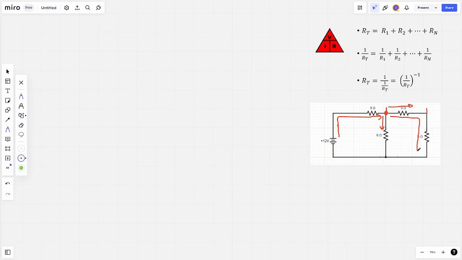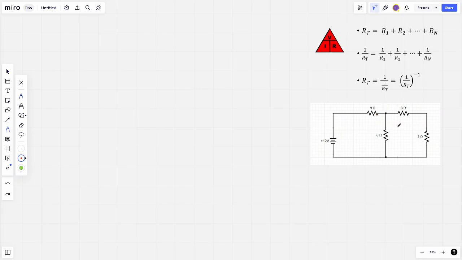Then the current from the 6 ohm resistor and the current through these 2 3 ohm resistors will meet up at this node again. And as you travel through the final branch back to the battery, you should have your total current back.